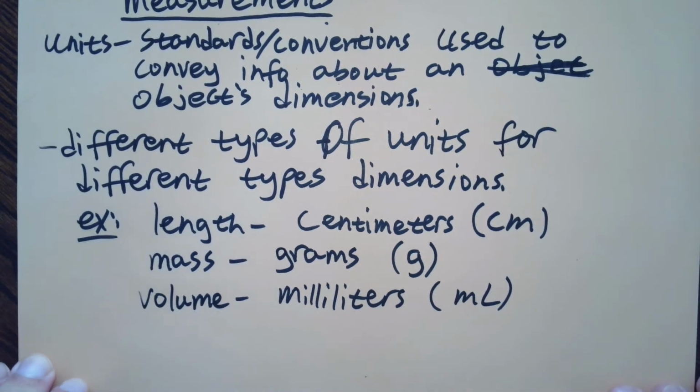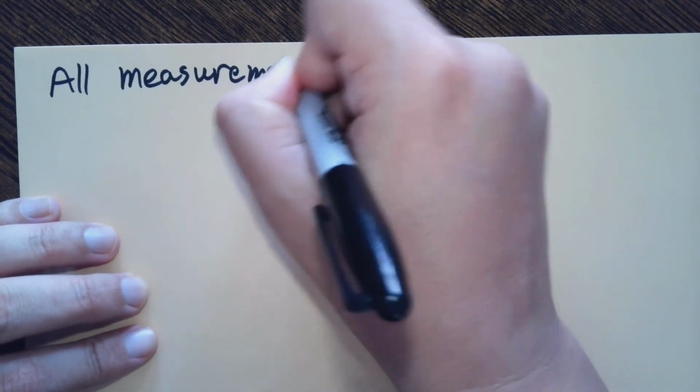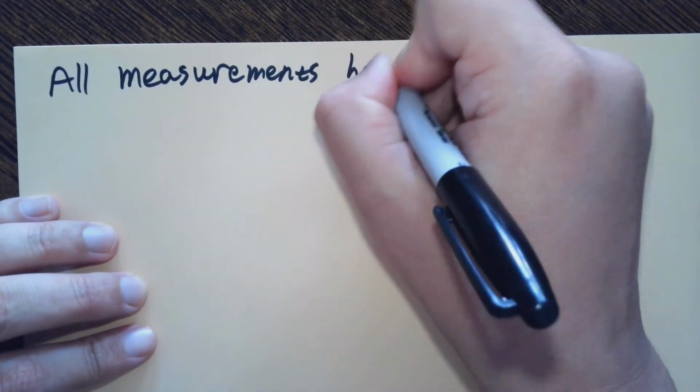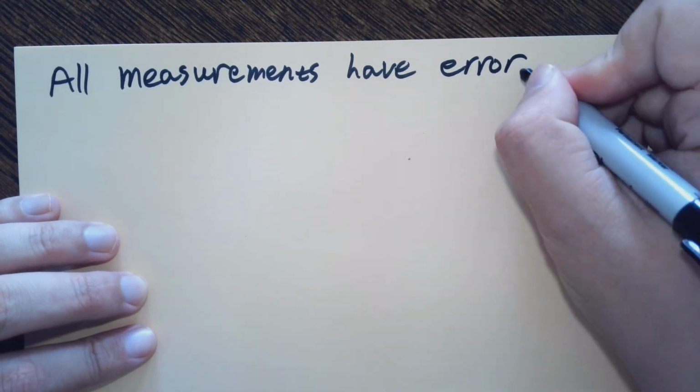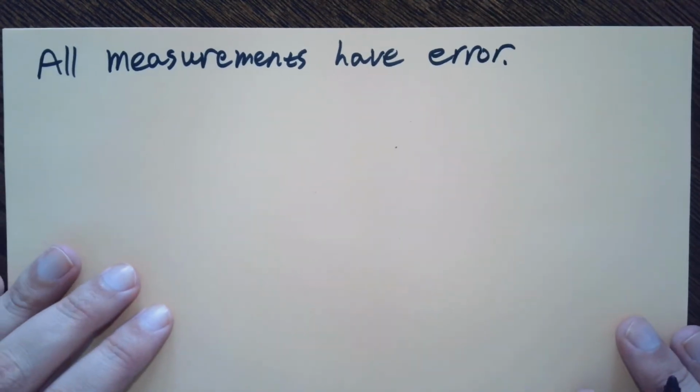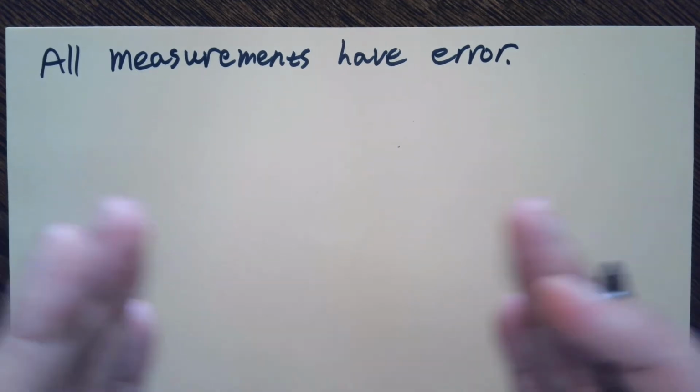Now, one other detail about measurements is that they all have errors. So all measurements, they're not perfect. They all have some level of error. And we can minimize error.